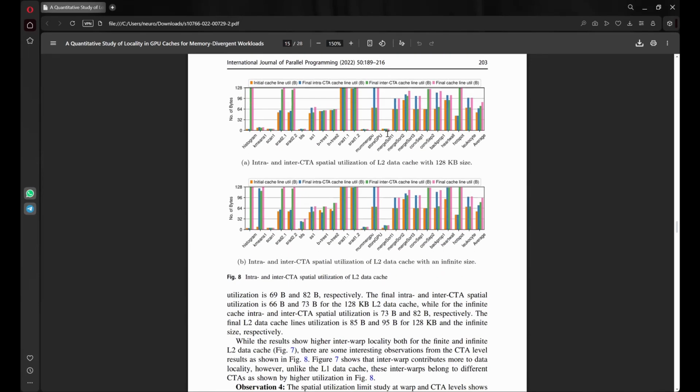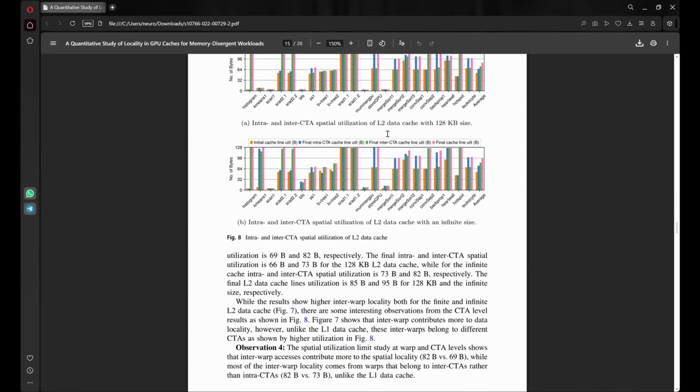And going on to the CTAs, they find that the final intra and inter CTA spatial utilization for the realistic L2 cache is 66 bytes and 73 bytes, respectively. While for the infinite cache, you see 73 bytes and 82 bytes, respectively.